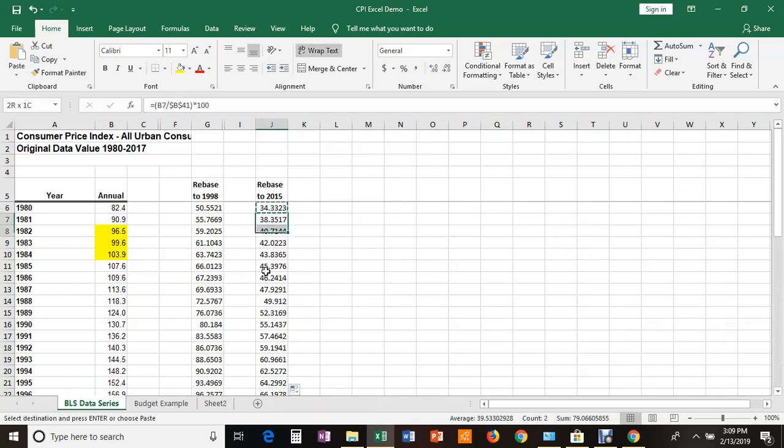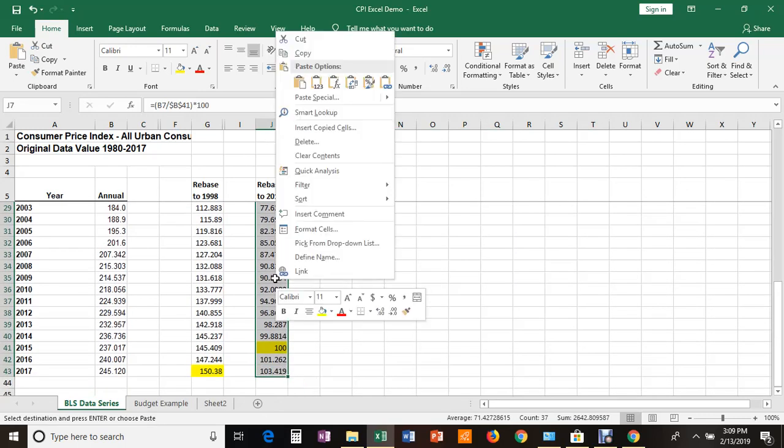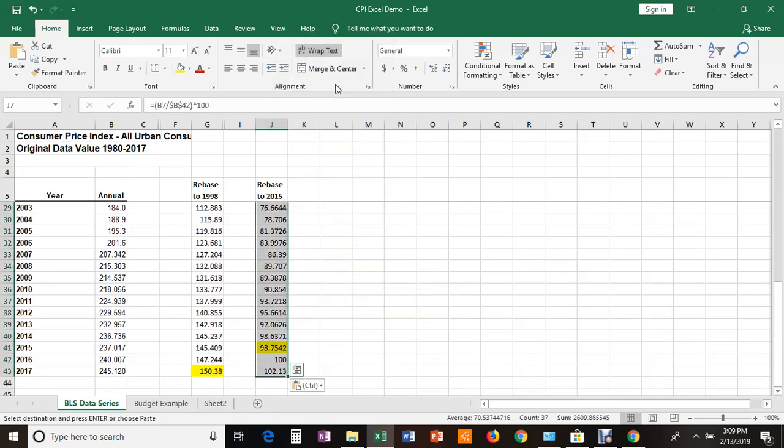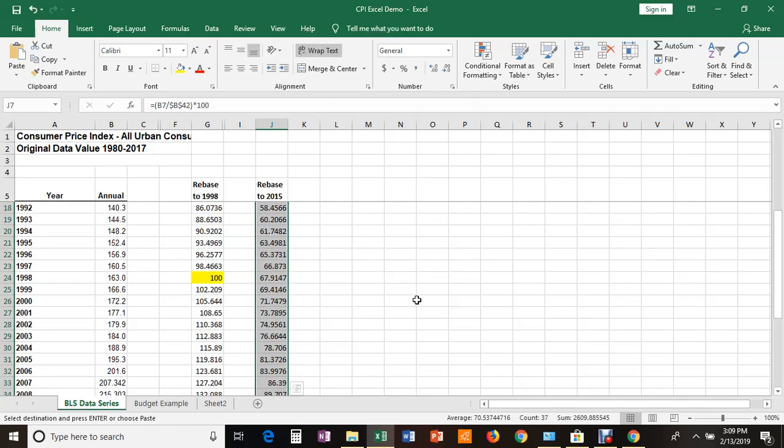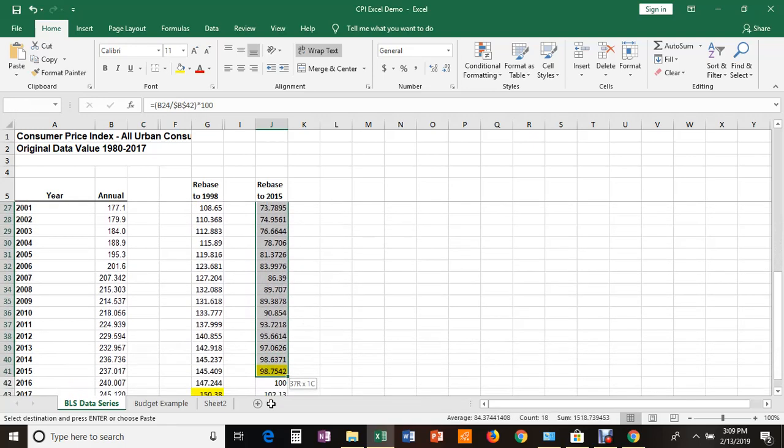Copy that, scroll down this column, go over to paste. I'm going to paste the formula. Then I will take from my budget years in question from 1998 forward. Having some mouse issues. From 1998 forward, copy this.